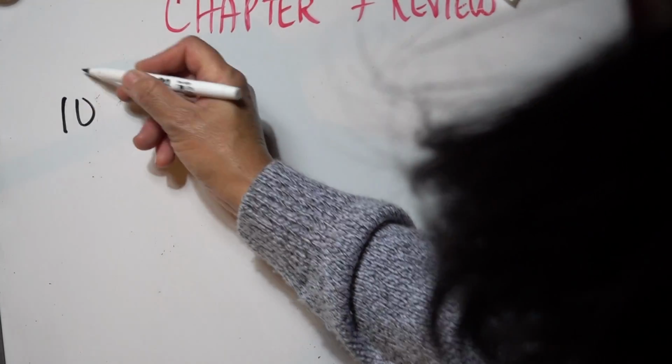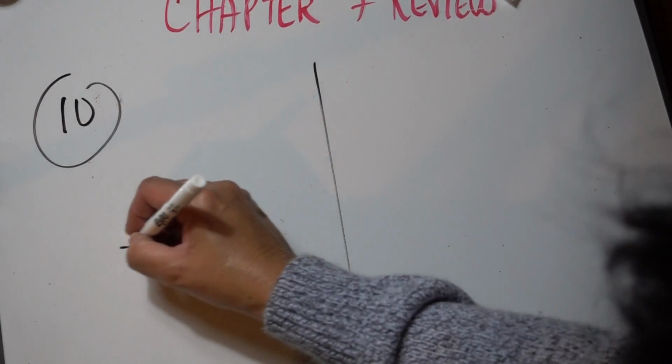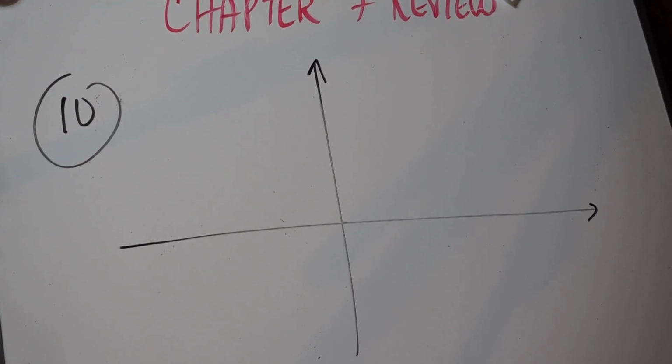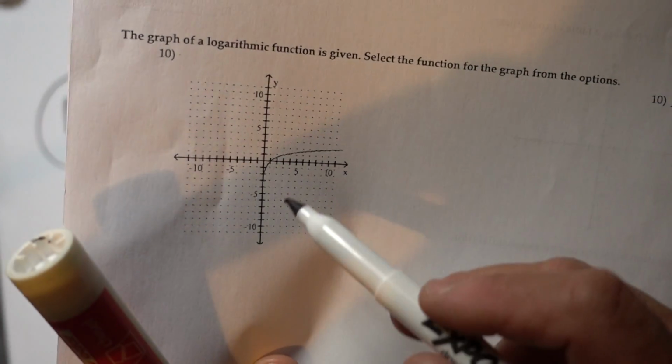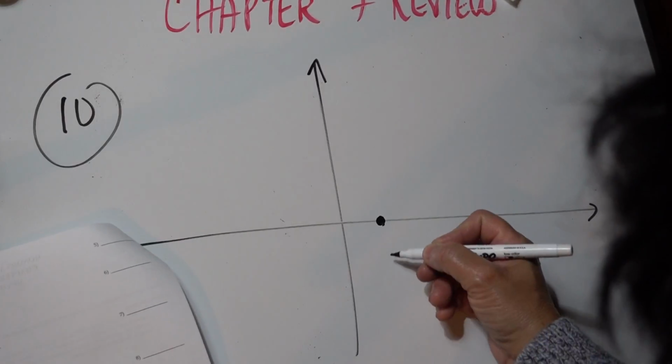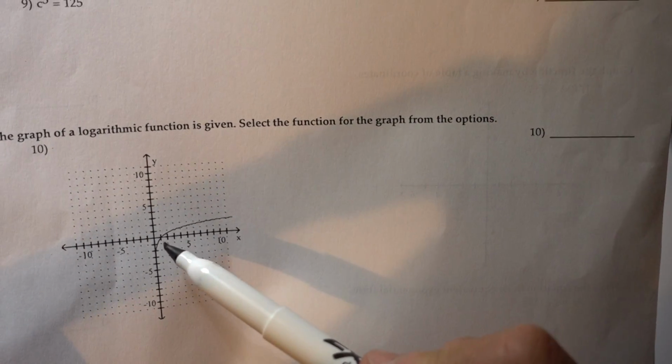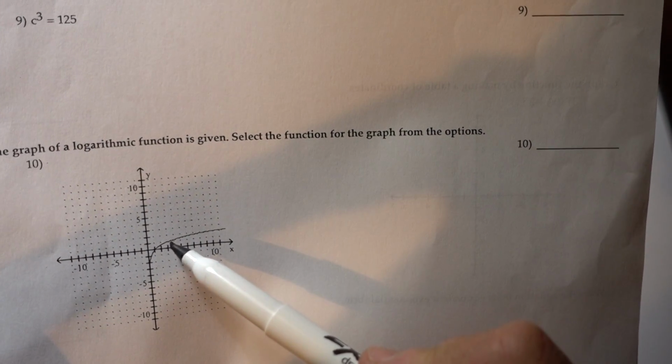Number 10, like I said, is given, and I can identify, if you pay attention in your guide, that this graph goes through 1, 0. So 1, 0 is a point that is there, and also the one that is going through is 3, 1.